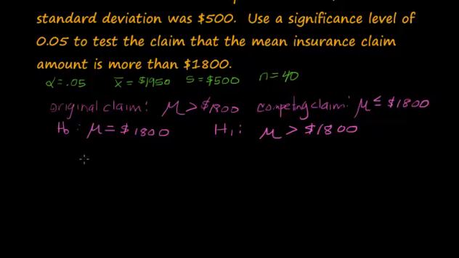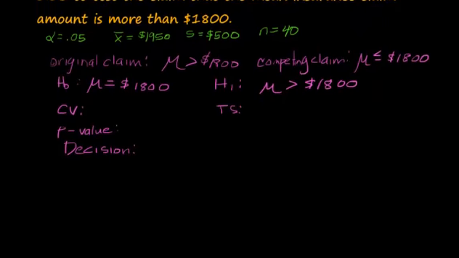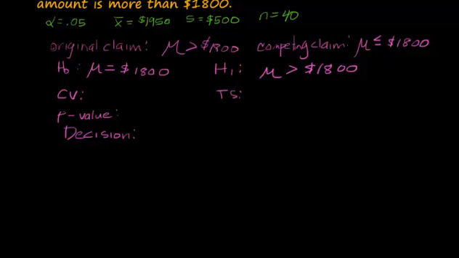Okay, so we will compute a critical value, get a test statistic and a p-value, and use that information plus our decision diagram to make a decision. Let's start the diagram.